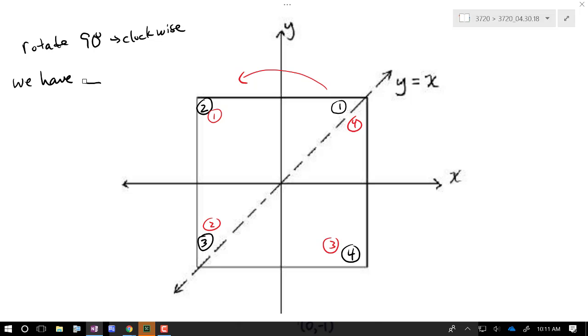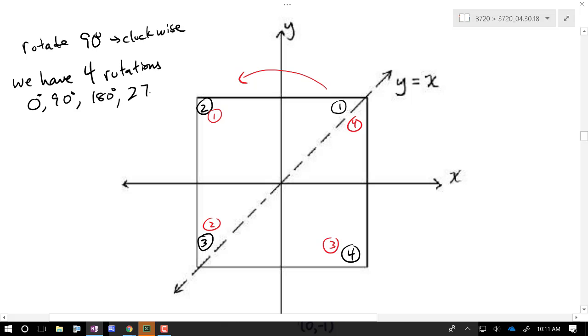It might seem like I'm cheating a little bit, but I'm going to include that as one of the rotations. So we have 4 rotations, and they are 0 degrees, 90 degrees, 180, 270, and of course the 0 degrees is the same as 360. I could keep rotating, but I'm not going to generate new symmetries beyond these 4. So there's 4 positions I could rotate it.